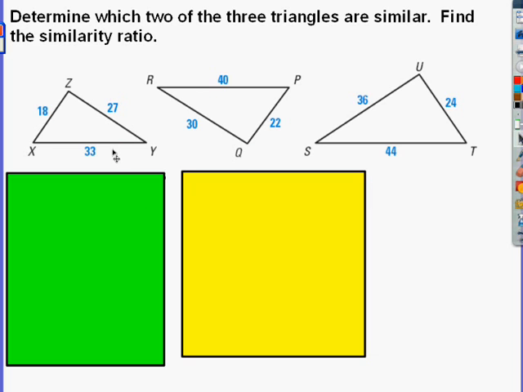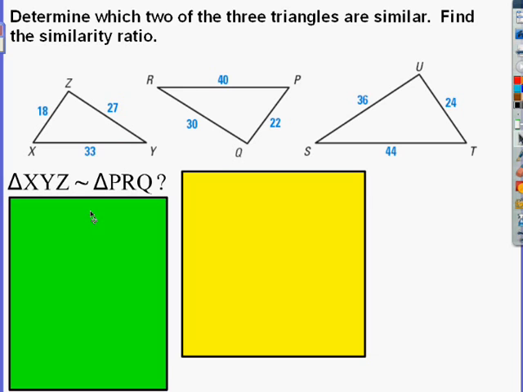Find the similarity ratio. So we have to go ahead and compare the sides in this triangle with the sides in this triangle. So I'm talking about, is triangle XYZ similar to triangle PRQ? So it looks like I'm given all three sets of sides. So I'm basically looking for, are the sides proportional?